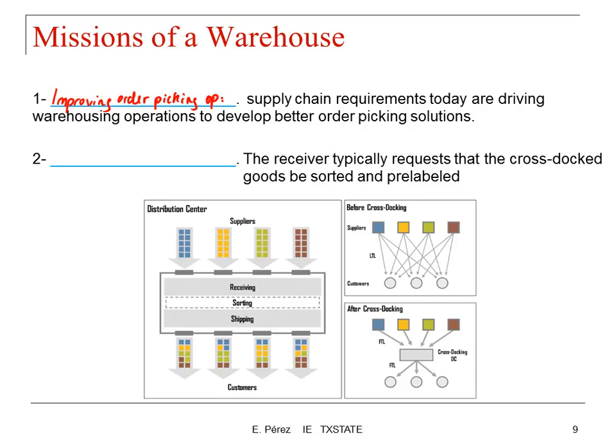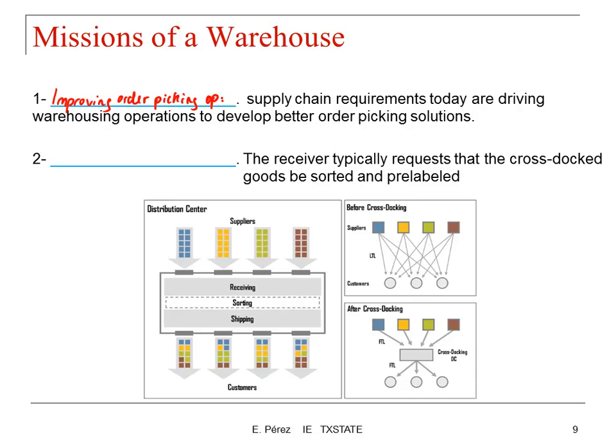Those that are going to take you the minimum time. Those that are going to allow the order picker to actually provide the right order to the customer. So this involves putting the items in the right location so they can be easily found. Also, providing the person in charge of picking the items the right tools, and so on. So order picking is very important.